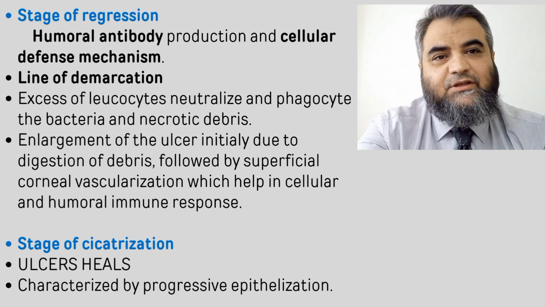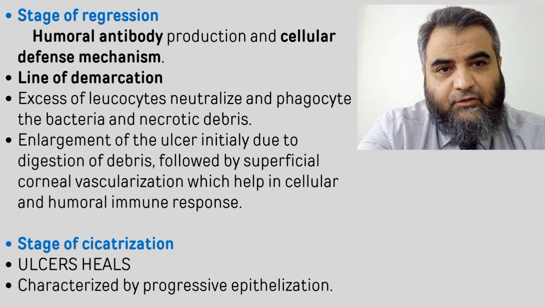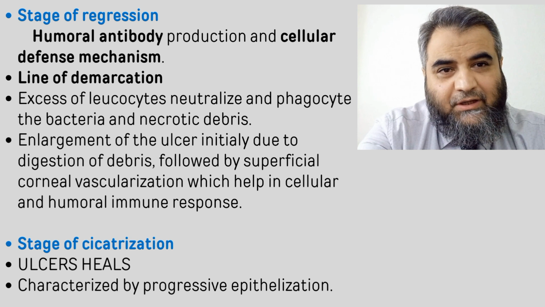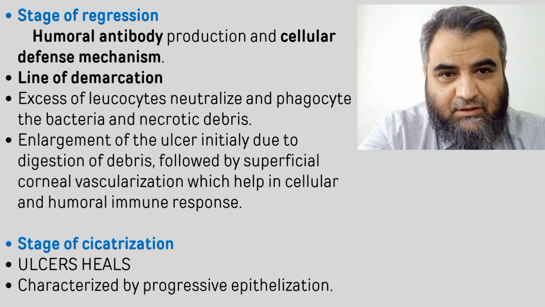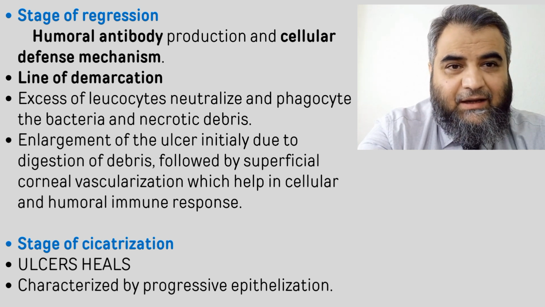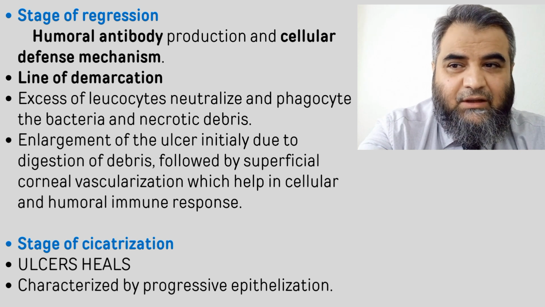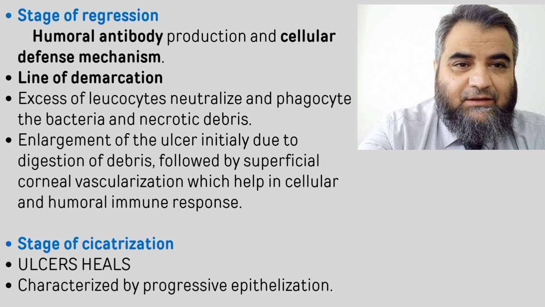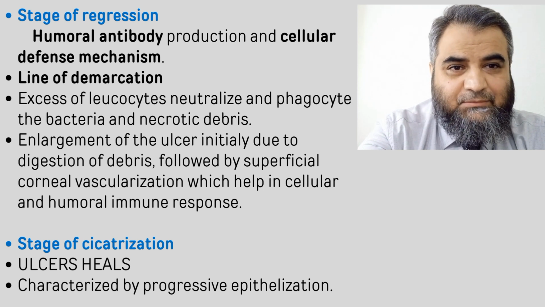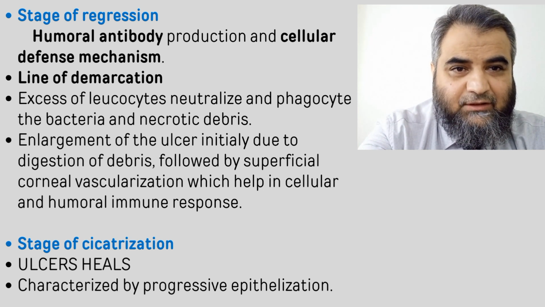The third stage is the stage of regression. Here a well-defined demarcation line is usually formed between normal and abnormal cornea, and the leukocytes and all the defense mechanisms, humoral and cellular, come into action, and they kill the bacteria working over there.